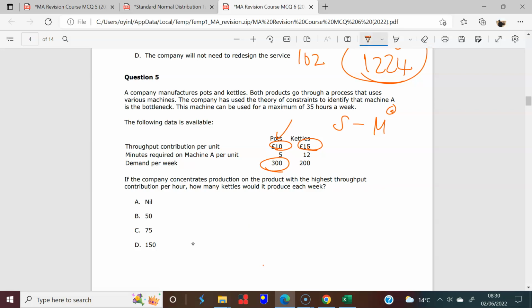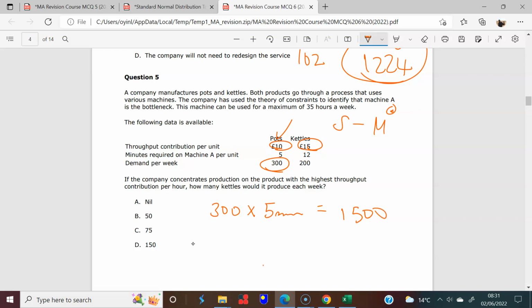So let's do that. If we're going to make 300 pots first, and we need 5 minutes to make each pot, well, 300 times 5 minutes is 1,500 minutes.